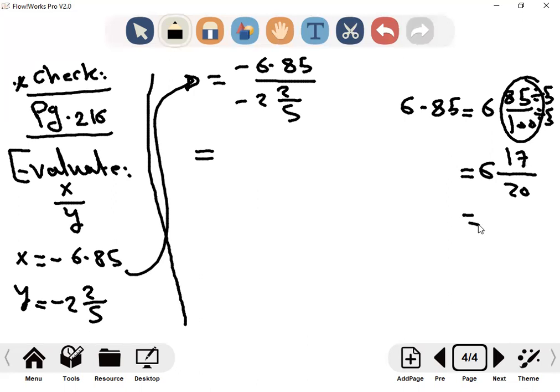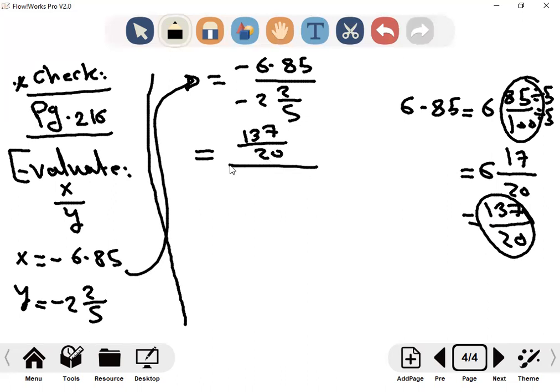Now turn it to a fraction. This is equal to 137 over 20, all over 2 and 2 over 5: 5 by 2, 10 plus 2, 12 over 5, right? Now why didn't I put the negatives down?